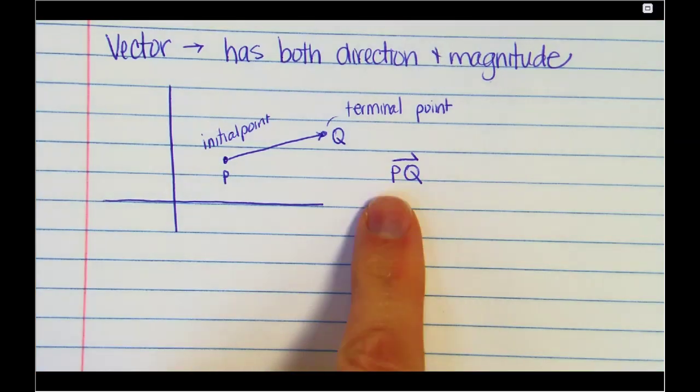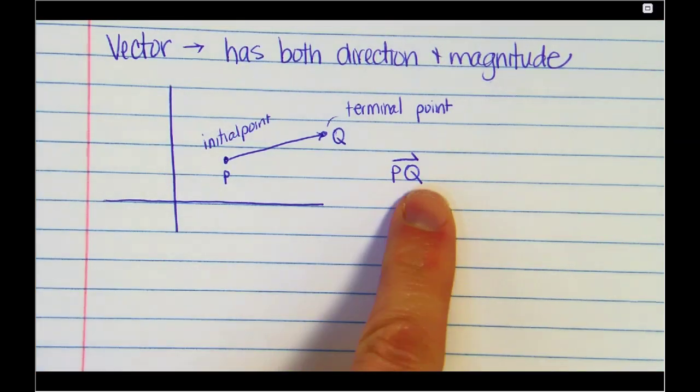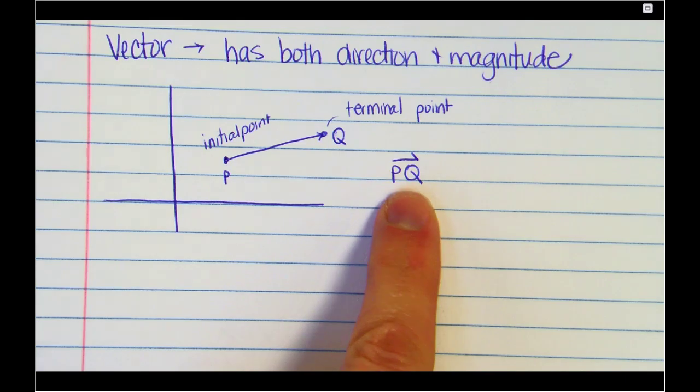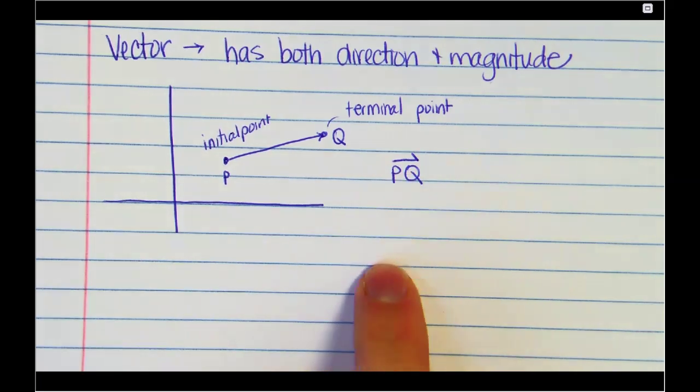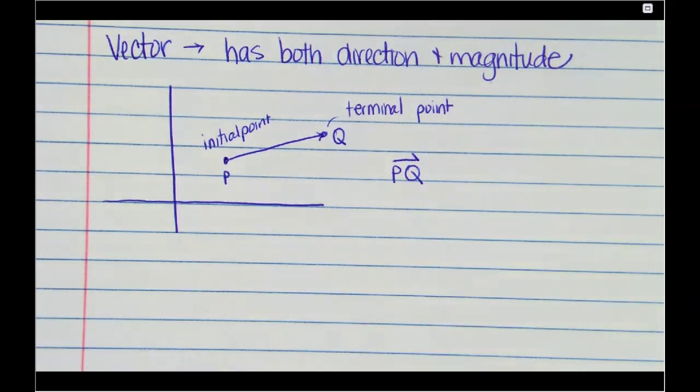But the order matters. The order of the letters matters because you start at P and you end at Q. Because if you put it in the other order, QP, but you kept the arrow the same, that would indicate the other direction. So this little half arrow on the top does make a difference.